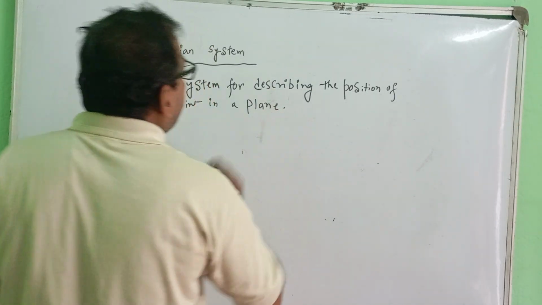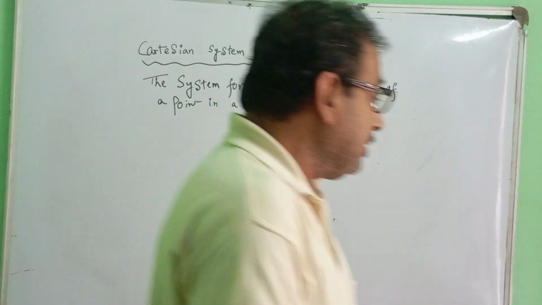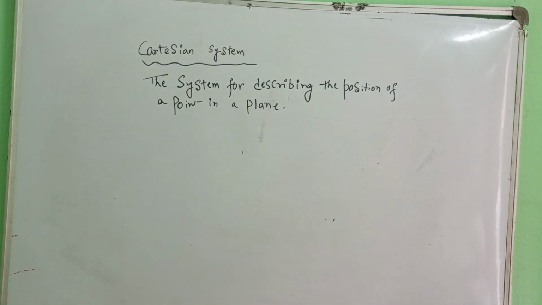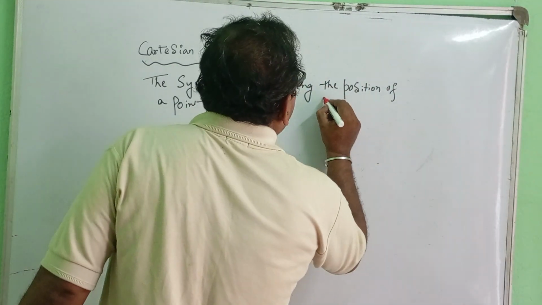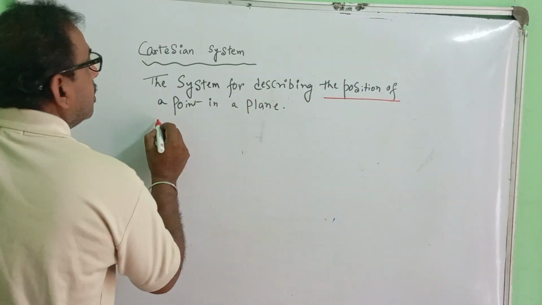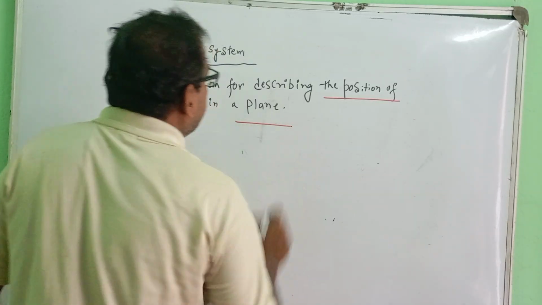Clear? Now these things are very important. The system for describing the position of a point in a plane is called the Cartesian system.